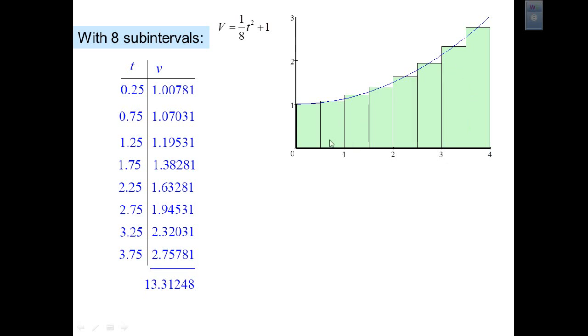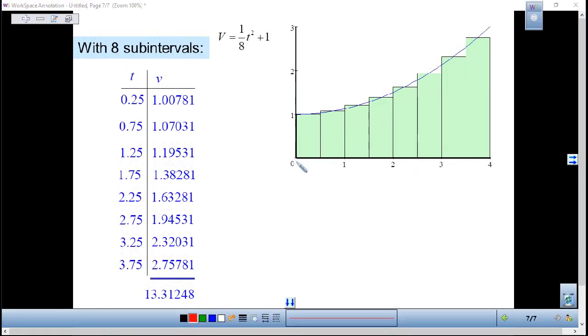Well, here's the thing. This is not the area of this first rectangle. Why? Well, it's because that's just the height. Remember here, what is the width? Well, the width is 0.5. And the width here, 0.5. The width here, 0.5. The width here, 0.5. All the way across, the width of every one of these rectangles is 0.5.